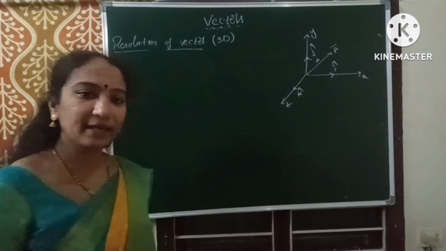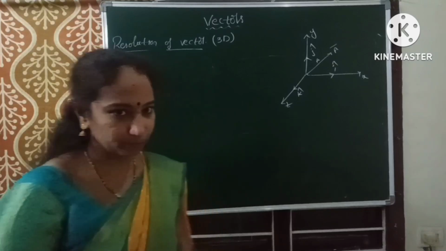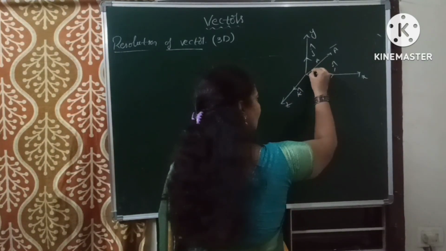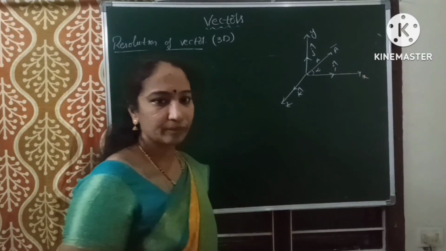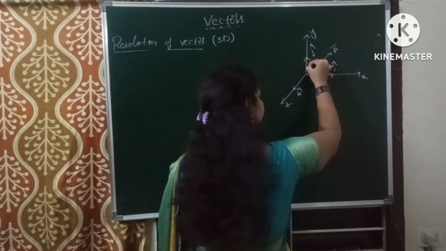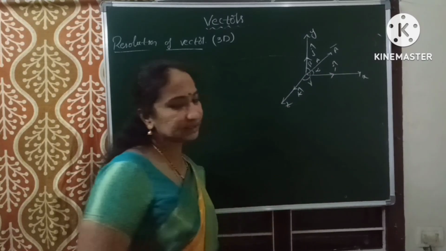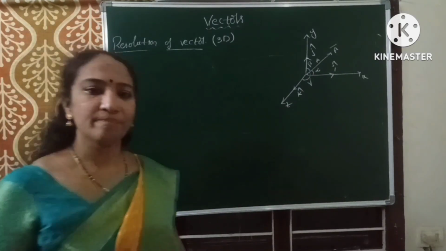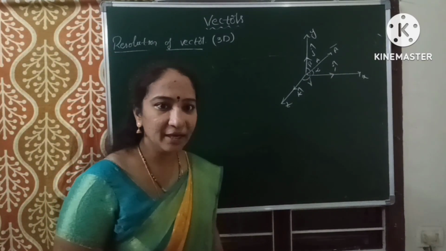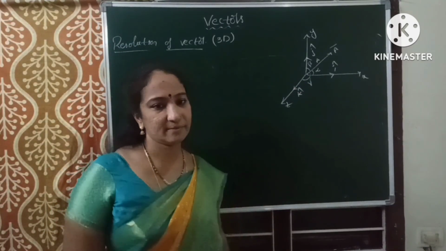Magnitude of a bar is a. When I take the vector a bar with magnitude a, it makes some angle alpha with x-axis, beta with y-axis and gamma with z-axis. Alpha, beta, gamma are angles made by the given vector a bar along x-axis, y-axis and then z-axis.